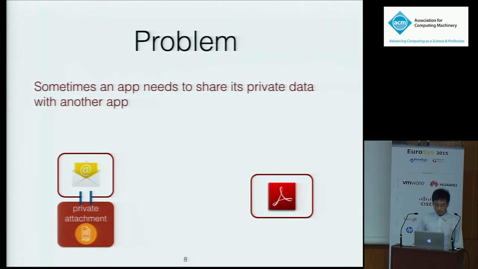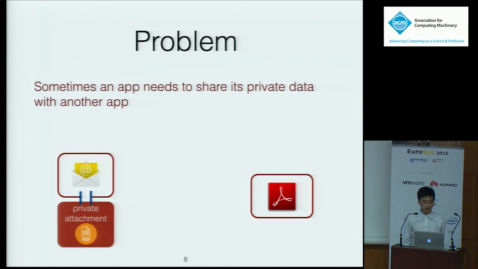However, as we'll show, this clear separation of public and private data is insufficient to support many important use cases securely. The problem is that sometimes an app needs to share its private data with another app. For example, you may receive an email which contains a PDF attachment, and this attachment is sensitive and you don't want to share it with arbitrary other apps.